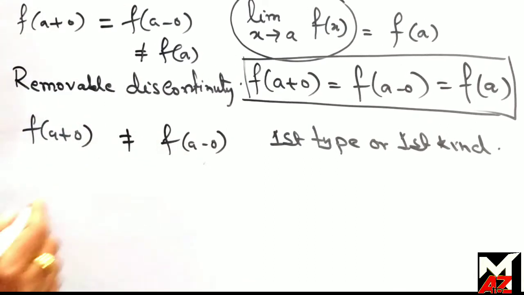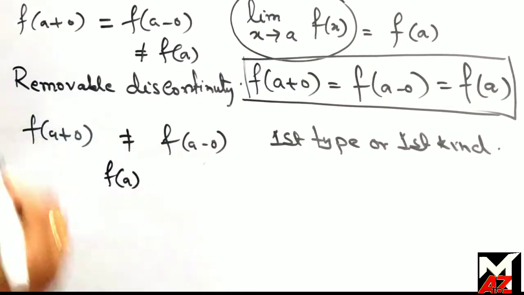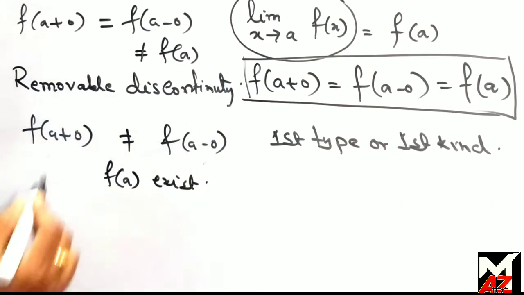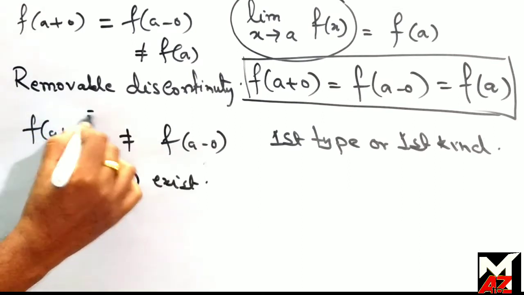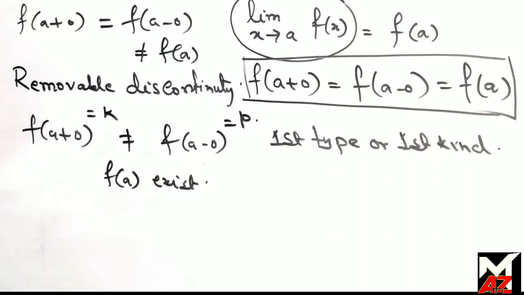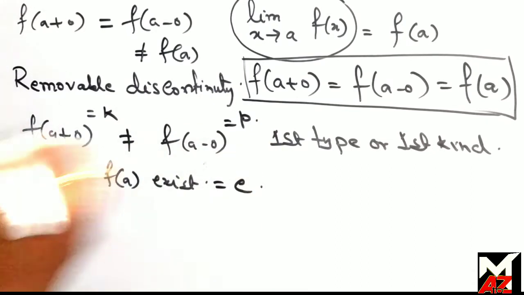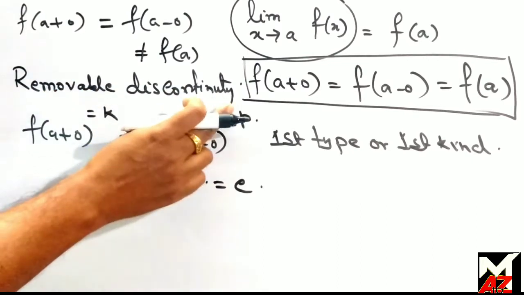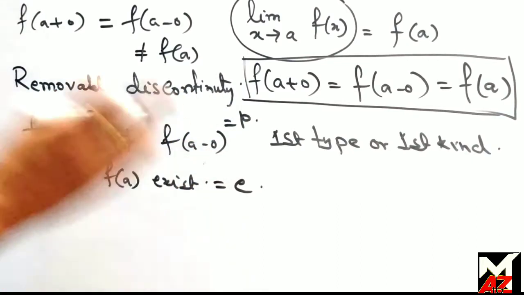Also, if f(a) exists, let the right hand limit be equal to k, the left hand limit equal to p, and the functional value equal to c.